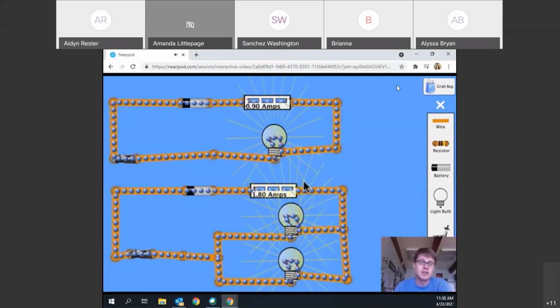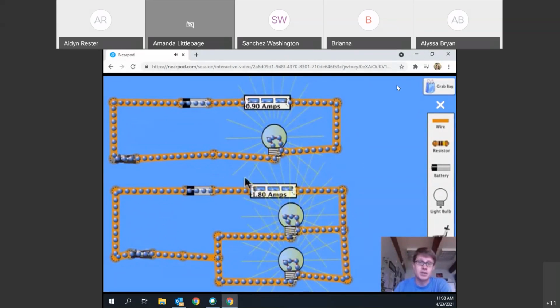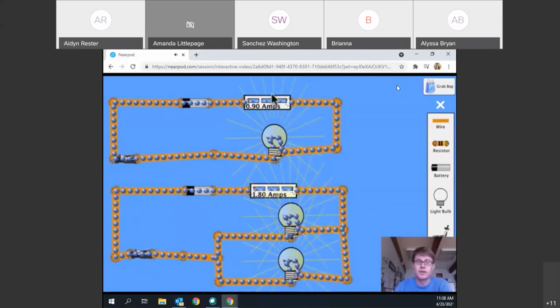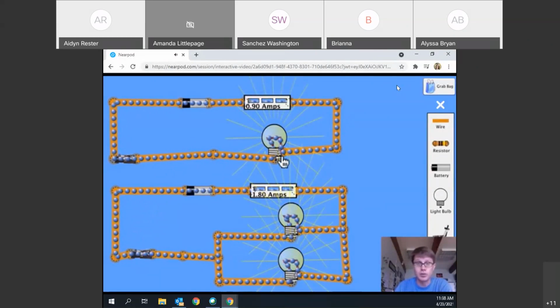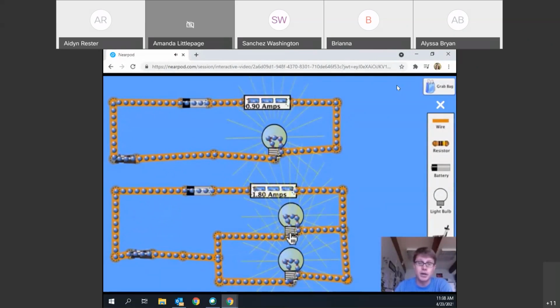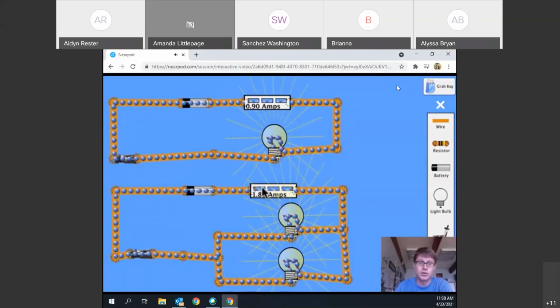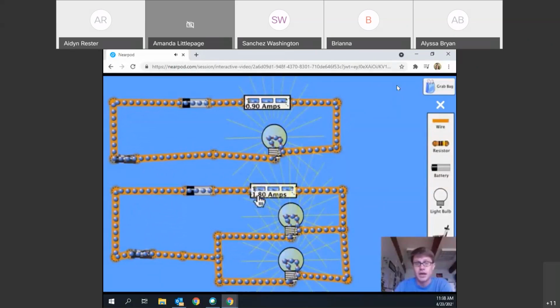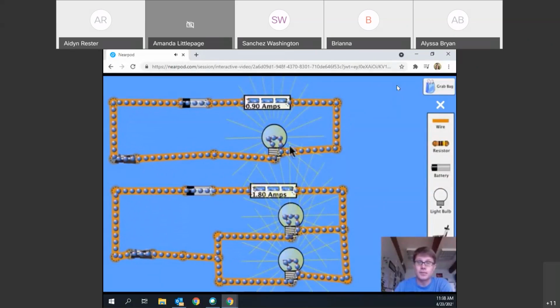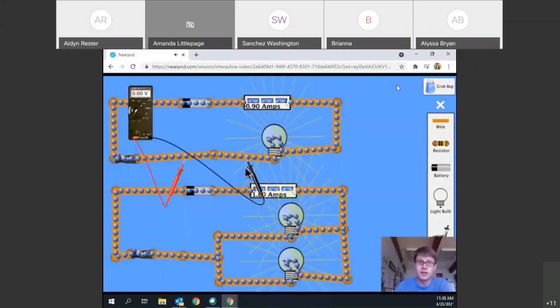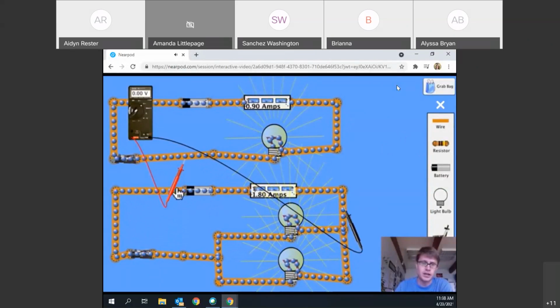Remember, in a series circuit, the current is going to be the same through every part of that loop. But in a parallel circuit, the current through the whole circuit will be the sum of the currents through each path. And the voltage drop, if we add our voltmeter, in a parallel circuit, is going to be the same along each thread.